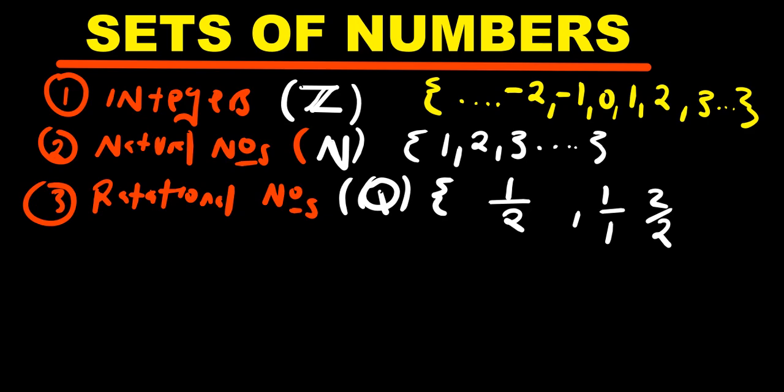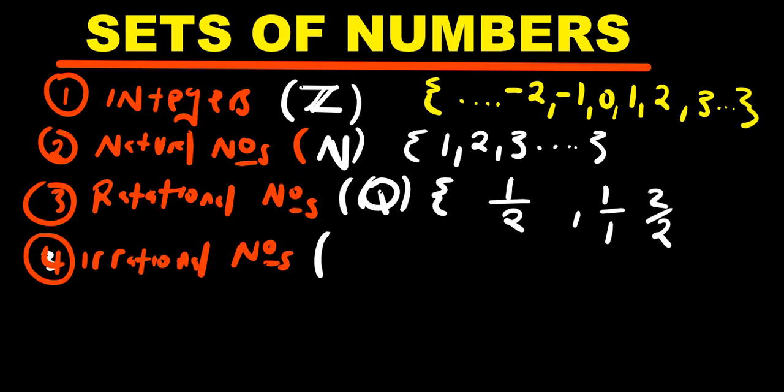Then you also have to understand what we call irrational numbers. The way we're going to denote irrational numbers looks like a Q, but it has a complement sign like that. It depends on the literature that you're using.